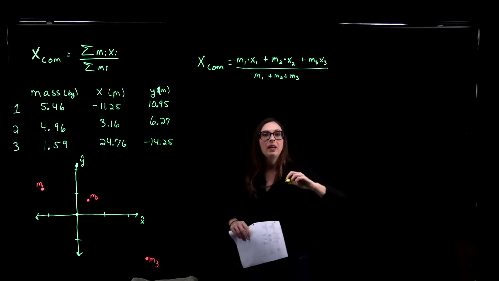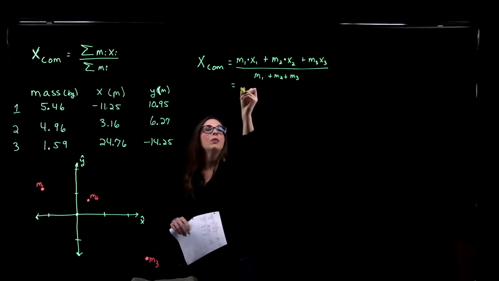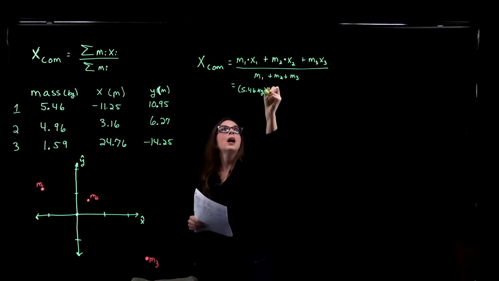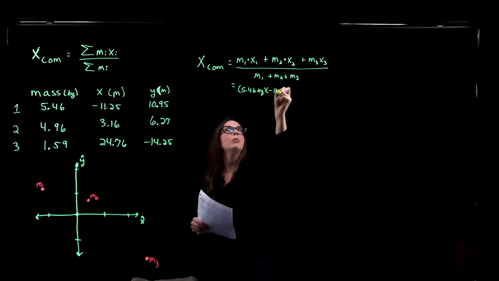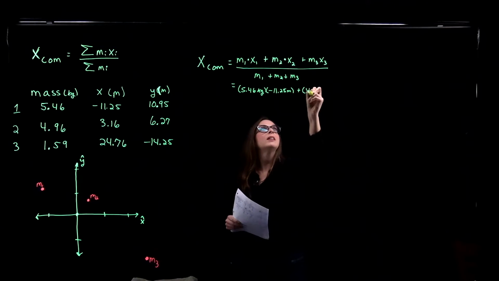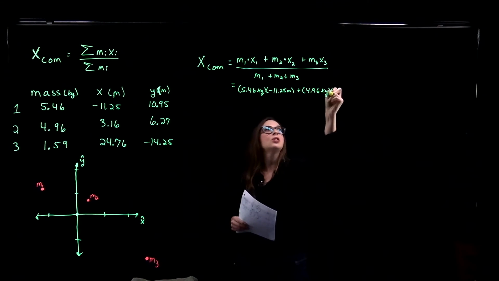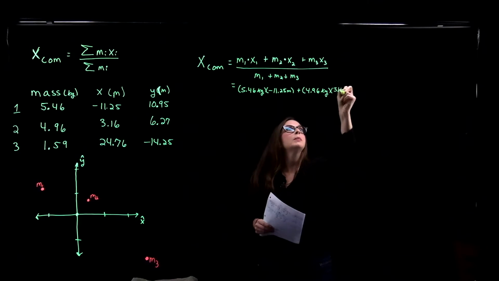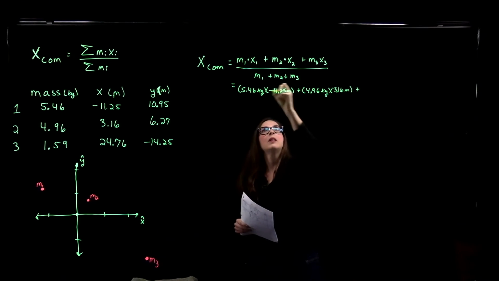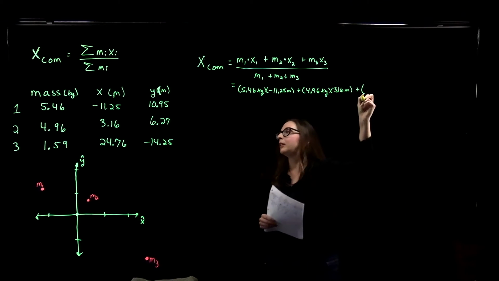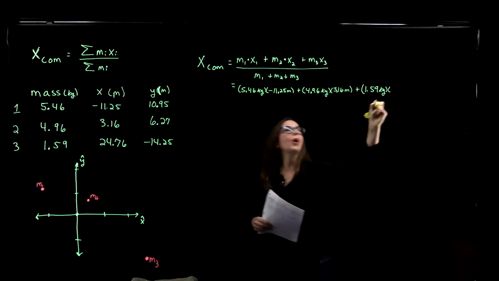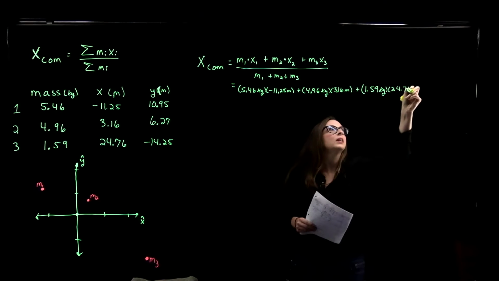Okay, so then that equals, we've got our first mass of 5.46 kilograms times its position from x equals 0, minus 11.25 meters, plus my second mass, 4.96 kilograms, times its position from x equals 0, 3.16 meters, plus my third mass, 1.59 kilograms, times its position from x equals 0, 24.76 meters.